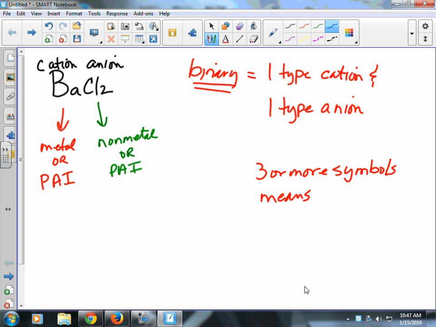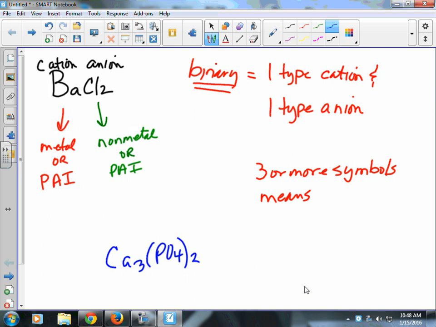Let me go ahead and put this on there. I gave away all the sheets. Look at number 4. How many element symbols do you see here? 3.